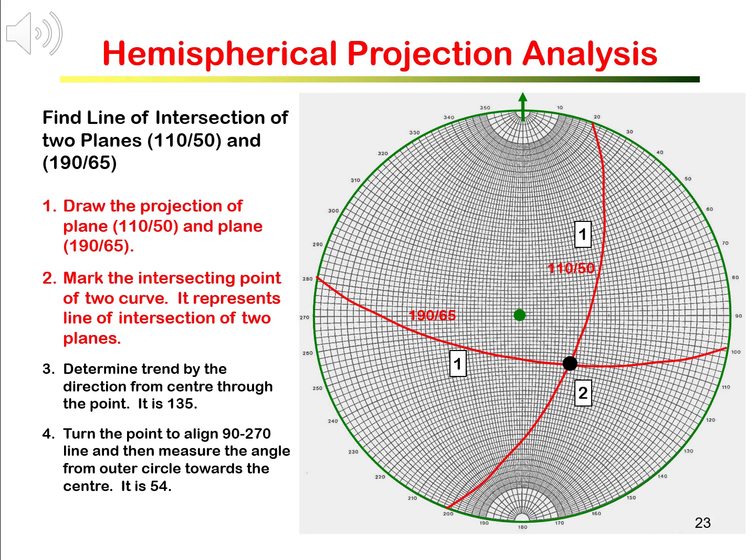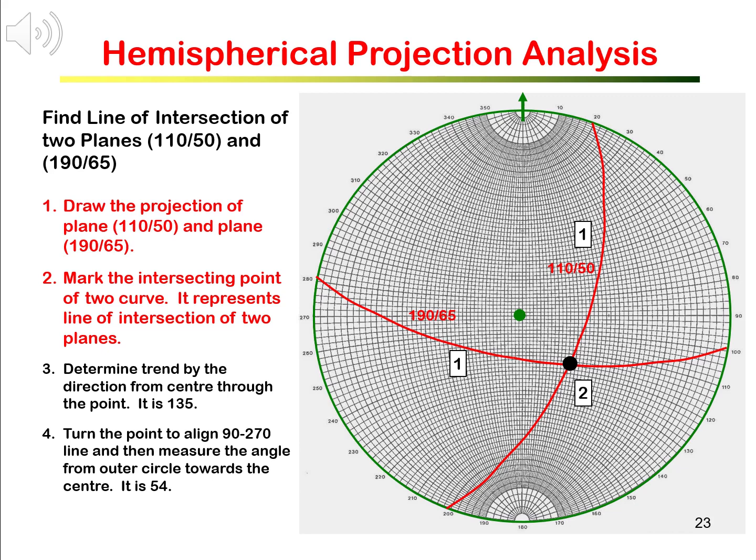The two arcs intersect. Then, as step 2, we mark the intersecting point of the two arcs. This intersection point represents the line of intersection of the two planes. So with those simple steps, we actually have found the line of intersection.